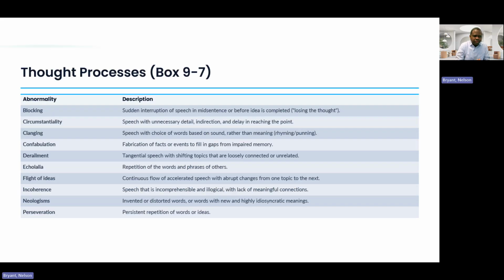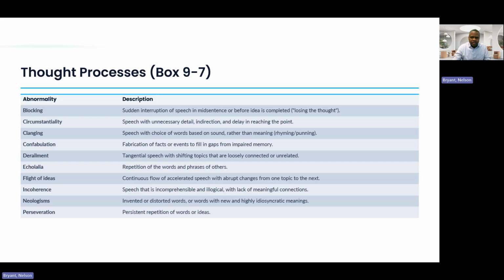So as we continue our assessment of thought process, one of the abnormalities, for example, might be blocking, which you are familiar with, like a sudden speech interruption. And one of the most common is confabulation, when patients with, for example, Alzheimer's disease tend to make up stories because they could not remember what you're asking them about.